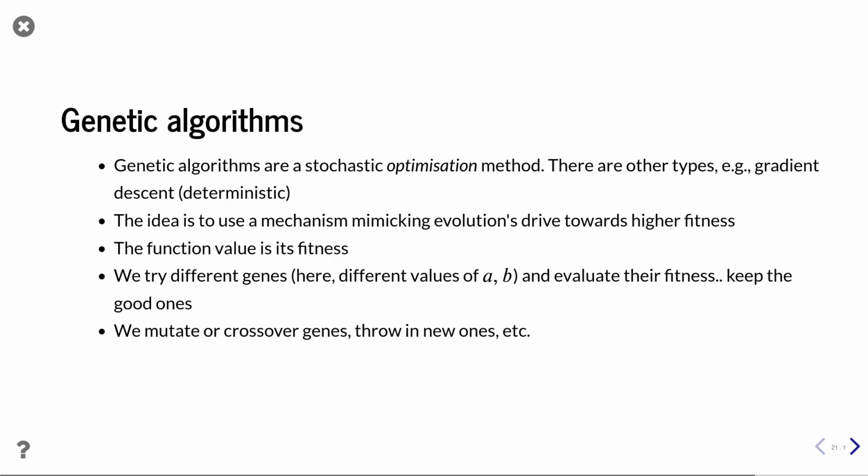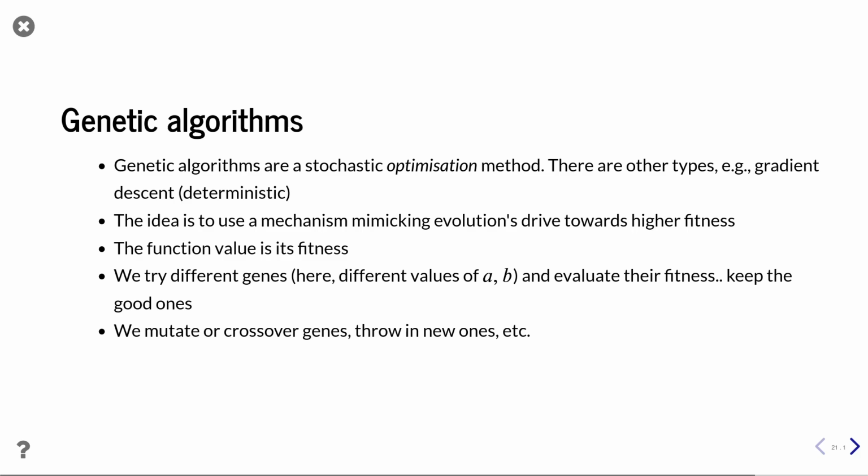I'm not going to go into the details. If you're interested, there's a lot of things about genetic algorithms. There's a variety of ways to evolve this pool of genes, which are the function unknowns, the A and B's that we're looking for. We're also going to throw random new ones in the population.